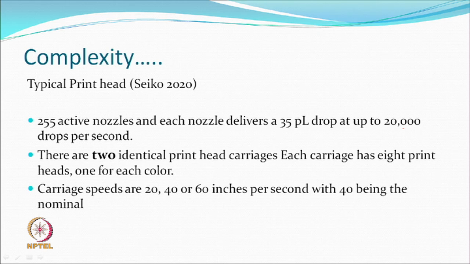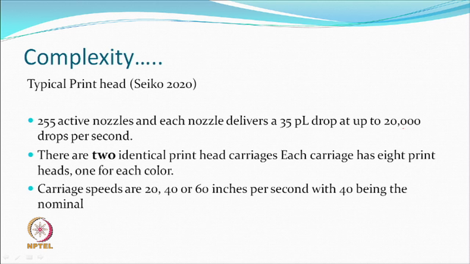If all of them fire, then there could be something different. So, you may have active nozzles at a given point of time. You may have drop size delivery of 35 picoliters. The drops per second may be up to 20,000. So, you see this is a complex thing. And you are actually hoping all of these things are going to happen.